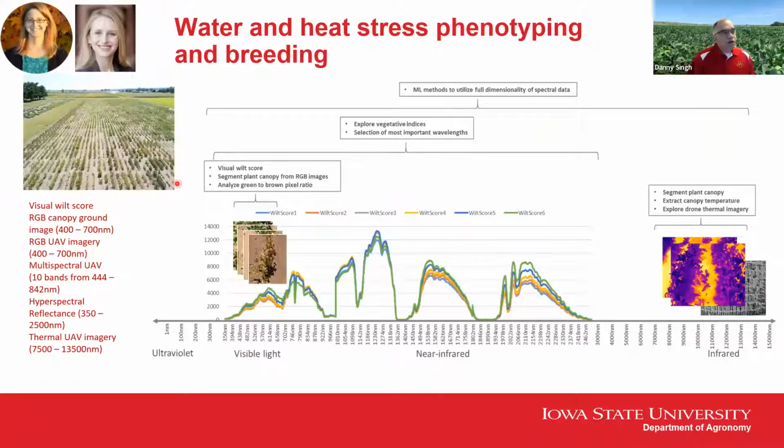Sarah and Lisa are working on water stress and heat stress research. This is an example of a heat stress nursery. You can see a lot of dead plants and then some varieties that are doing reasonably well.